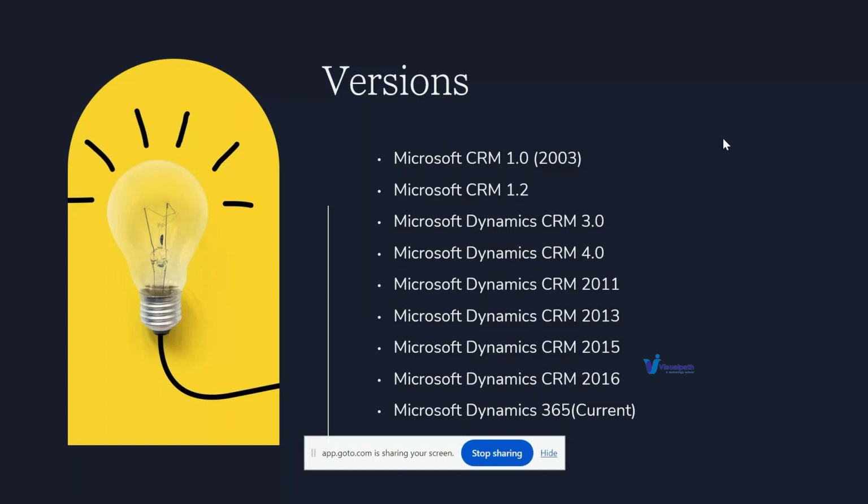The current version we are using is 365, which is built on top of Microsoft 365, and which has native support for all the Office 365 features, applications, SharePoint, OneDrive, and so on. There are so many connectors and inbuilt features which Dynamics is providing. So that is a brief introduction about Dynamics and its versions.